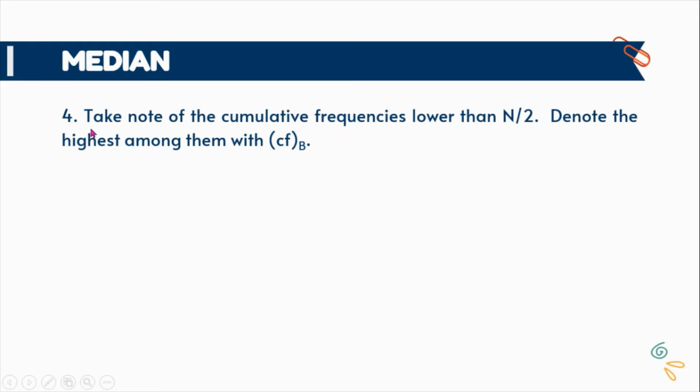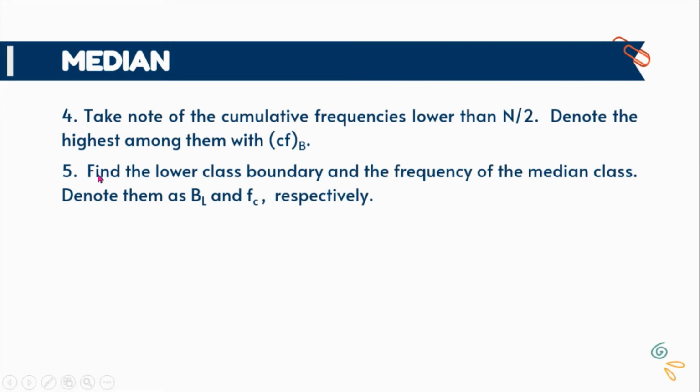Number 4, take note of the cumulative frequencies lower than n over 2 and note the highest among them as CF sub B. Number 5, find the lower class boundary and the frequency of the median class.